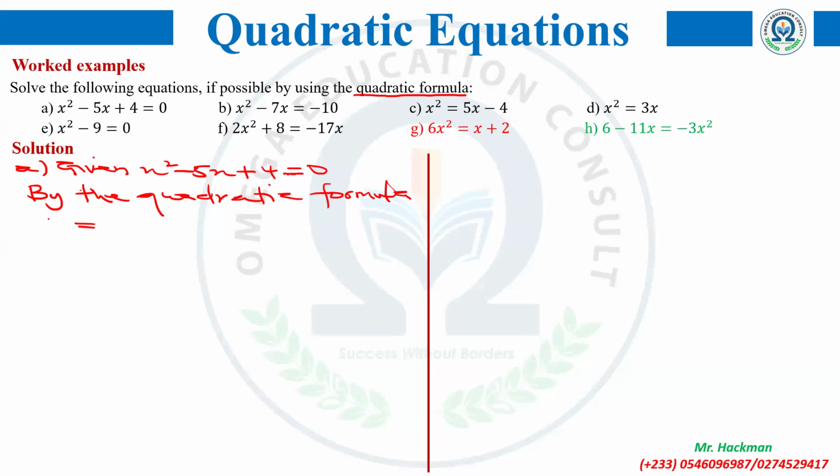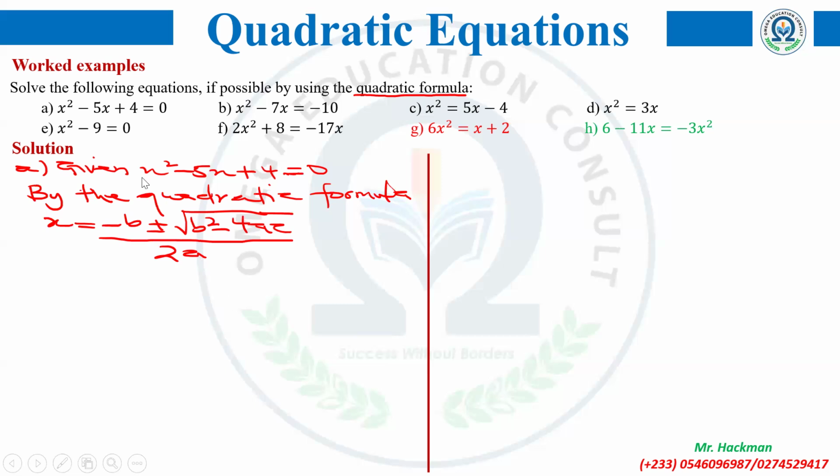So here x will be equal to minus b plus or minus root of b squared minus 4ac, which yesterday in our first lesson we said we call the discriminant, all over 2a. So with this, we know that we would need the values of a, b, and c.